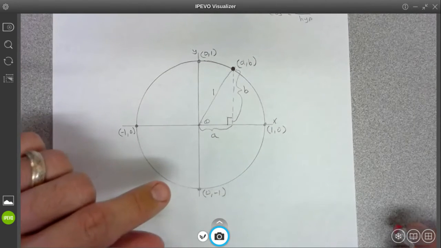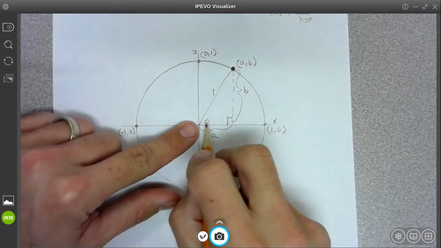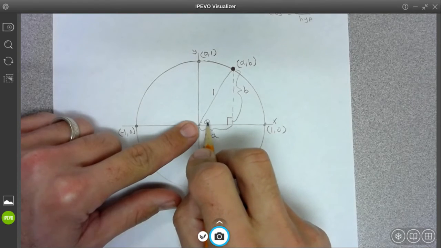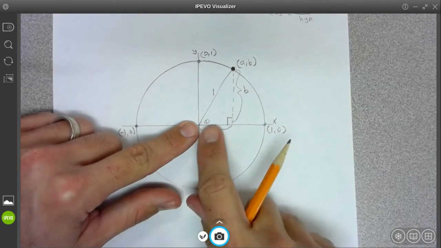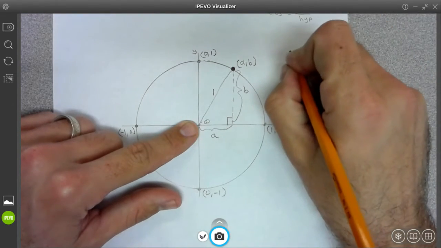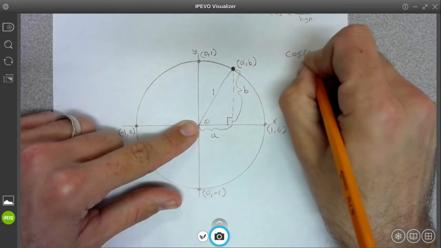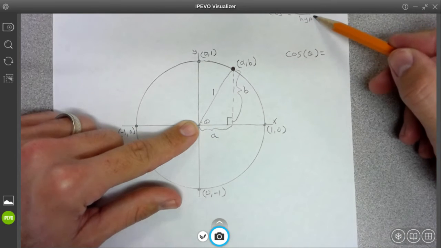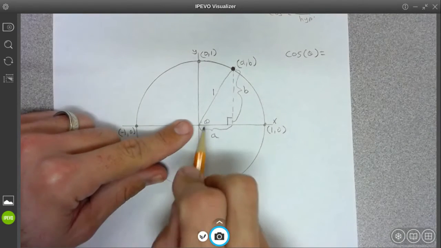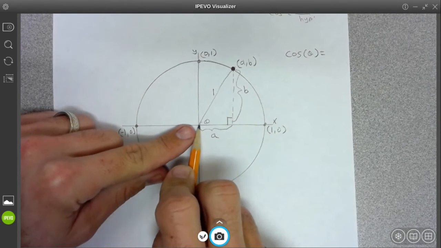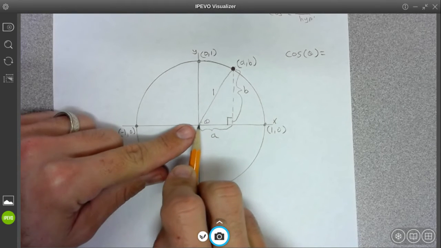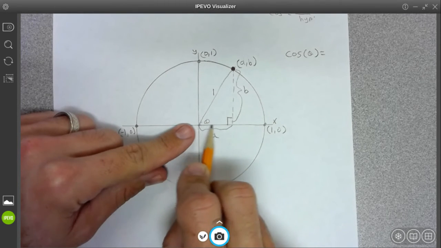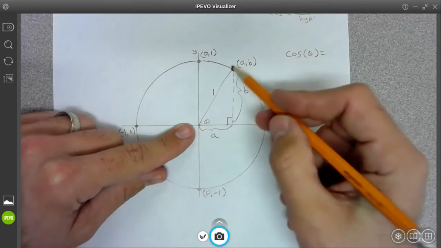Instead of thinking of it as A and B, what I want you to look at is sine and cosine of this angle. This is where the insight comes. If we look at cosine of theta, remember cosine is adjacent over hypotenuse. The adjacent side for this theta is this segment right here, because we're looking at this right triangle.